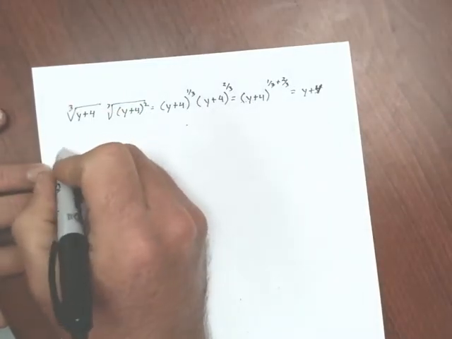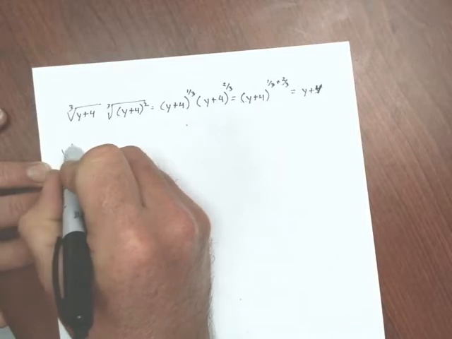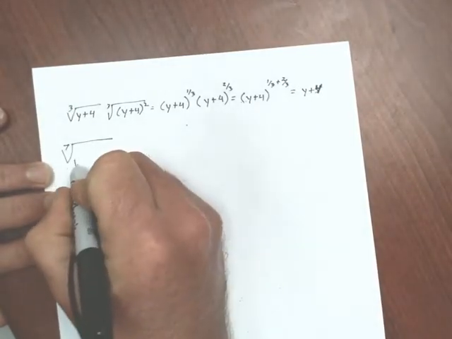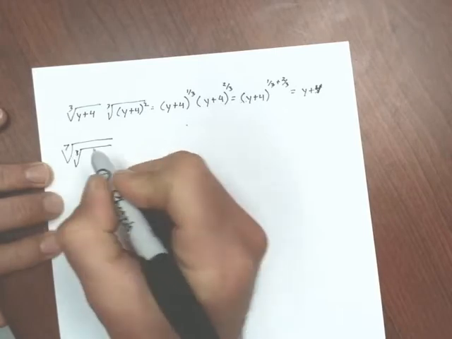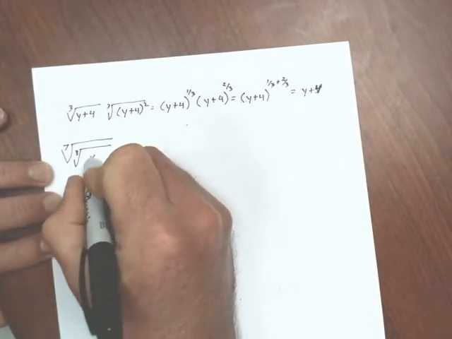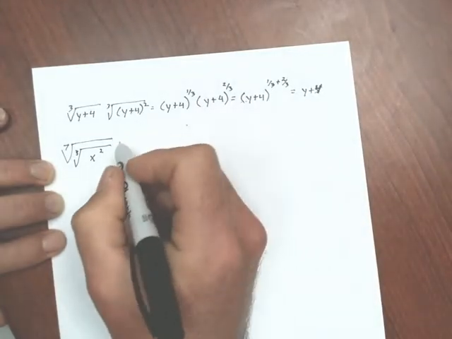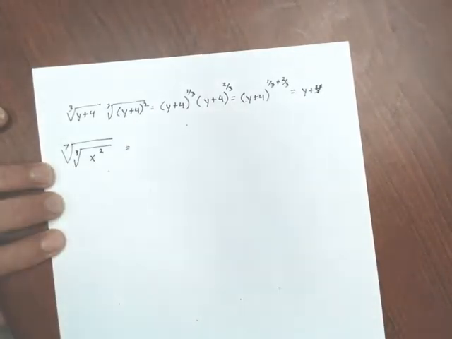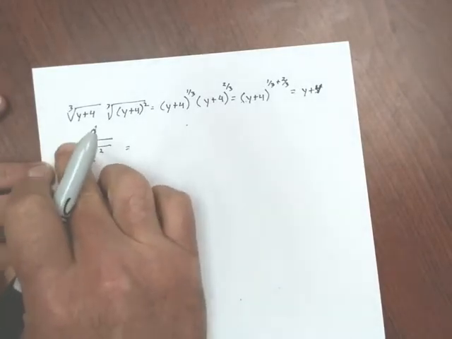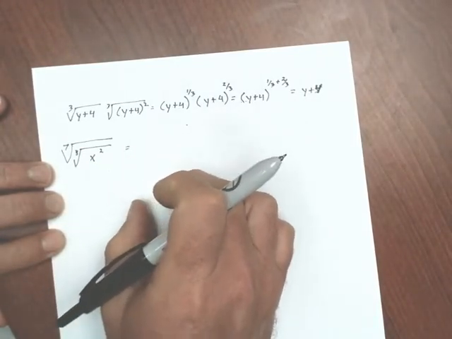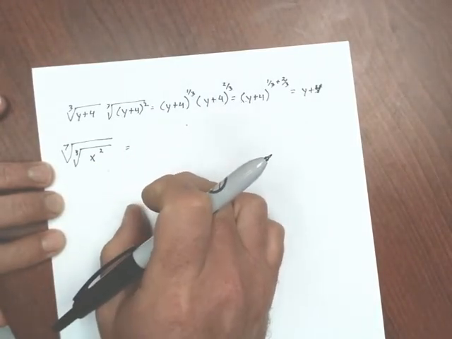What about the 7th root of the cube root of x squared? This looks complicated, but using the rules of exponents, we can break all this down. Because we have these two radicals here, we're going to put it together by pieces.